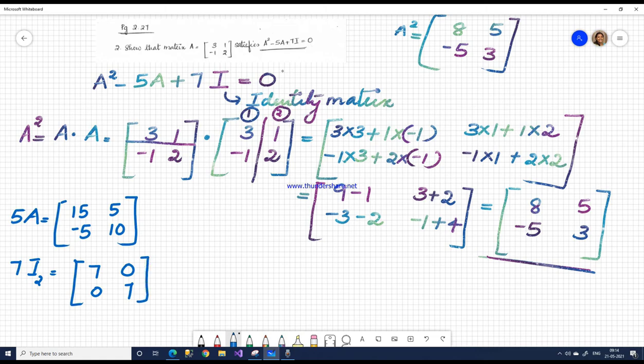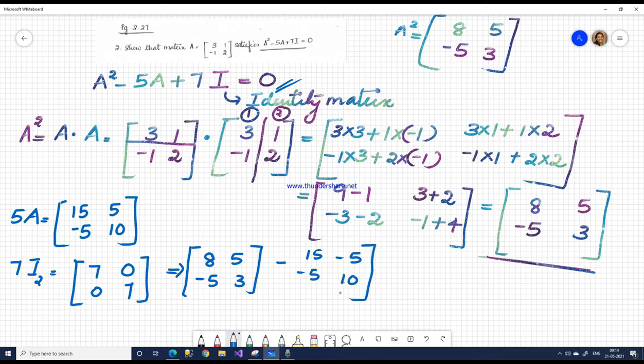So we get the diagonal element 7, 0, 0, 7. Now, when we compute A square minus 5A plus 7I, we should get the answer 0. Let's compute. A square was 8, 5, minus 5, 3, subtracting 15, 5, minus 5 and 10.